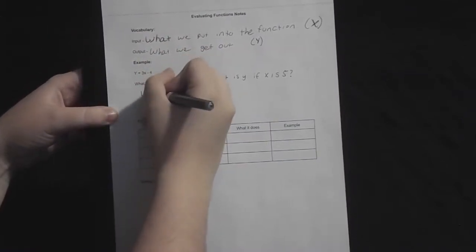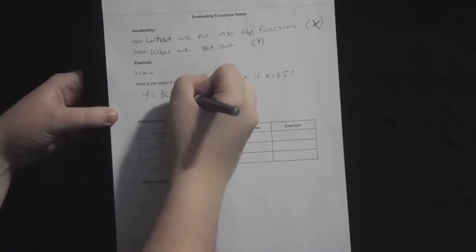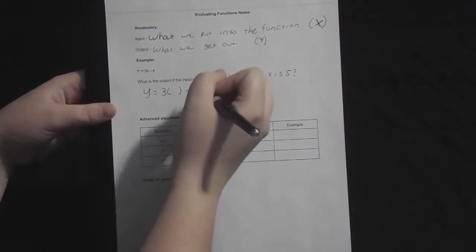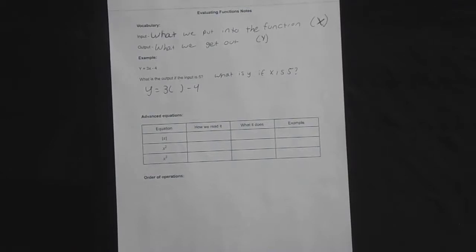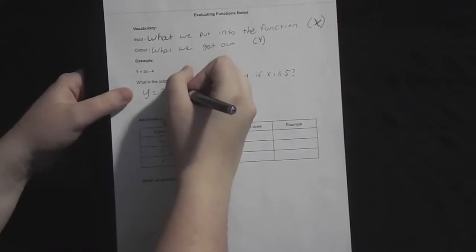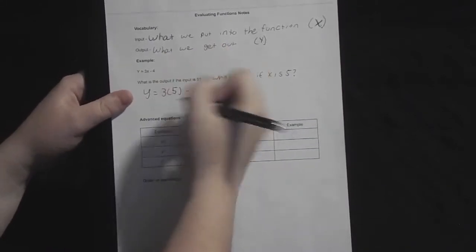So what we do is where we see the x, instead of x, I'm going to put a parentheses. So I just copied everything the exact same. But instead of x, I put a parentheses there. And it's telling me x is 5, because the input is 5. So instead of x, I'm going to input into that parentheses 5.